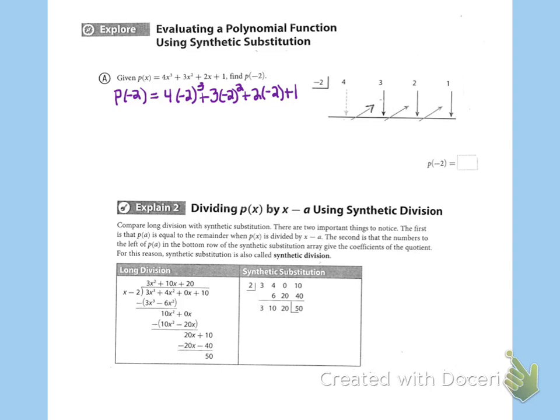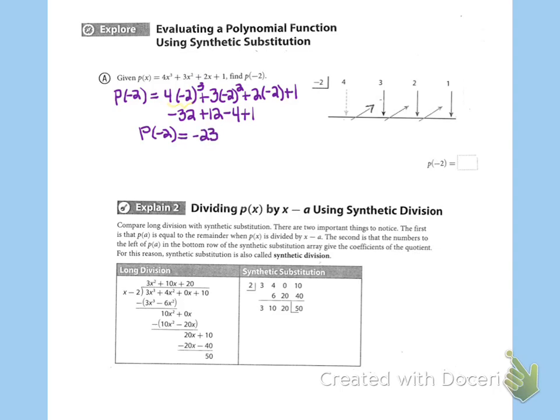Negative 2 to the third power is negative 8, times 4 is negative 32. Negative 2 squared is 4, 4 times 3 is 12. Negative 2 times 2 is negative 4, so that makes minus 4 plus 1, and the value for p of negative 2 equals negative 23.